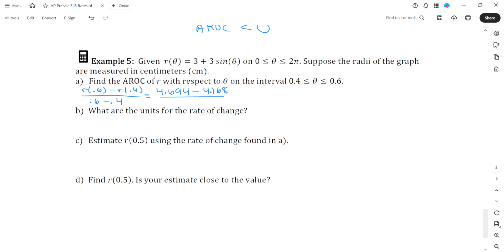This is divided by 0.2. 4.694 minus 4.168 divided by 0.2 gives me, oh, sugar doodles, I only have 2 decimal places. I'll use the whole decimal instead. That gives 2.628.